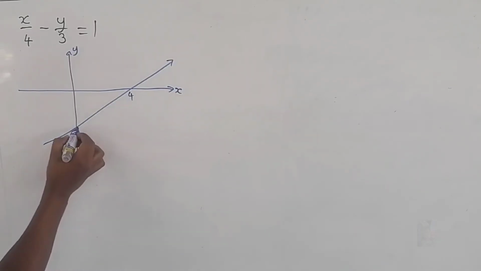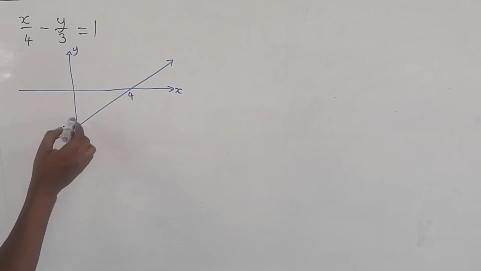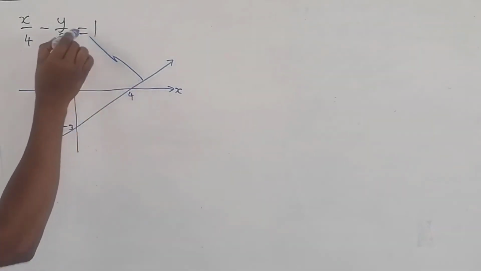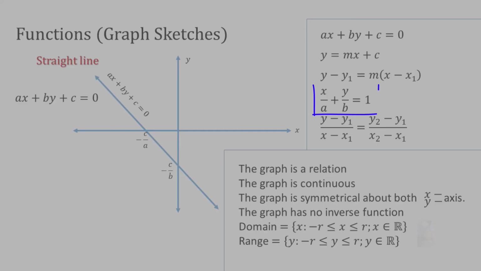Then that is how you can draw it with those intercepts in their correct positions. And then you just label the curve. That's it. We drew the curve, we have the intercepts, and we labeled the curve. That's all you need to obtain marks.